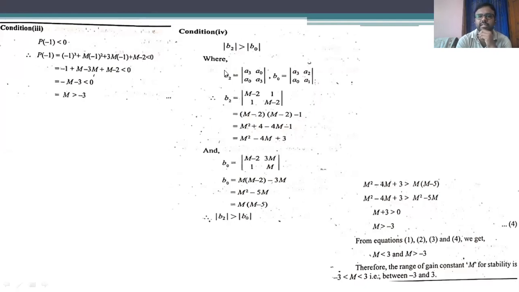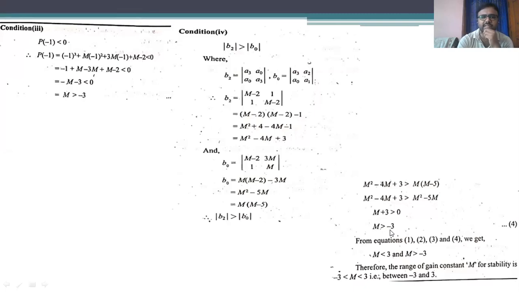So the fourth condition is modulus of B2 greater than modulus of B0. M square minus 4M plus 3 is greater than M into M minus 5. From that we get M plus 3 should be greater than 0, that is M should be greater than minus 3.